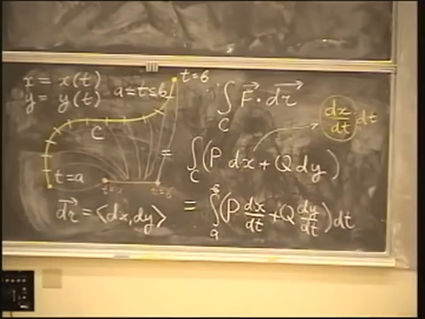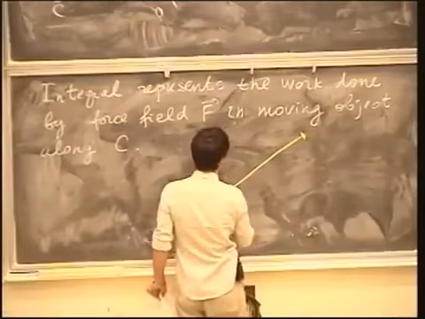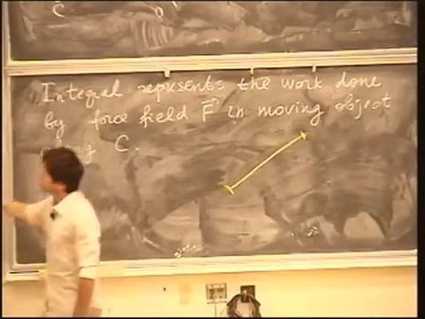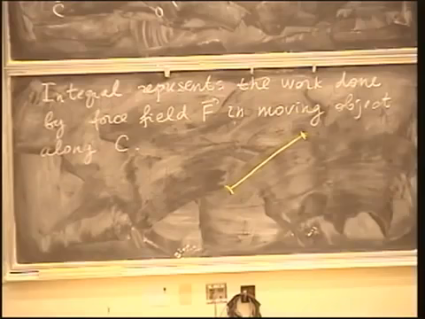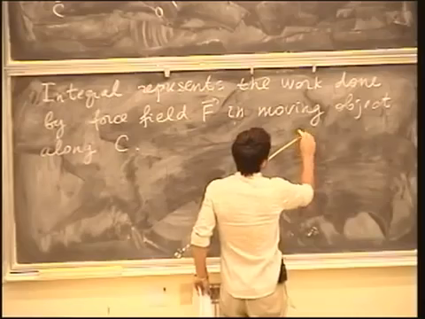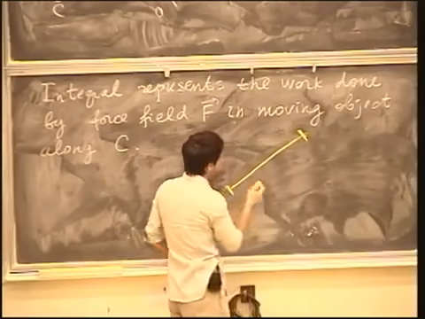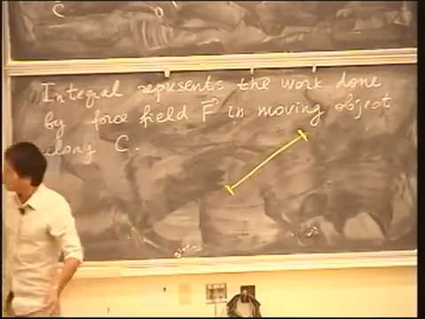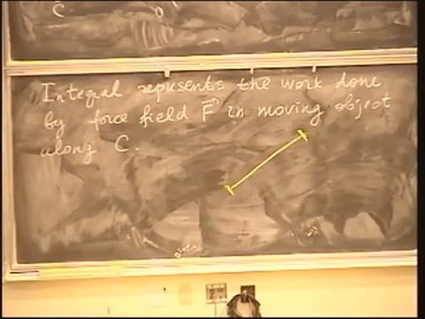So let's say I blew up one of those segments on this board to make it easier to keep track of things. At a small scale, because the curve is smooth, we can approximate it well by a linear thing, by a piece of straight line.